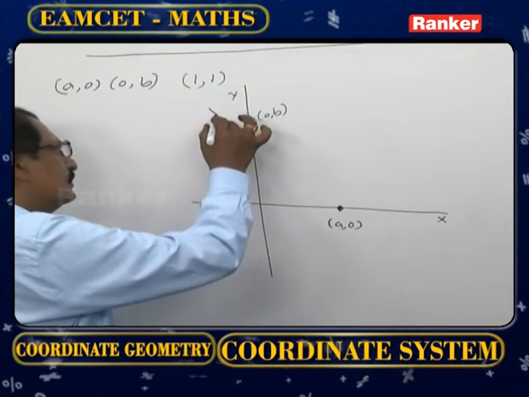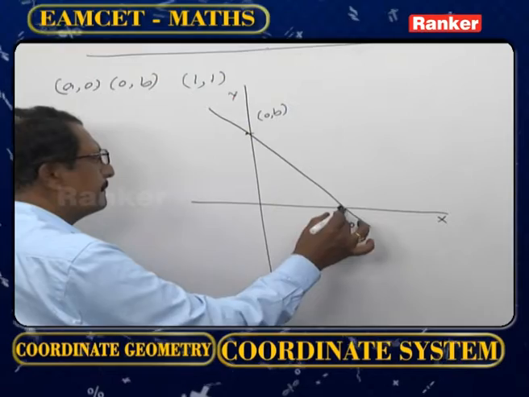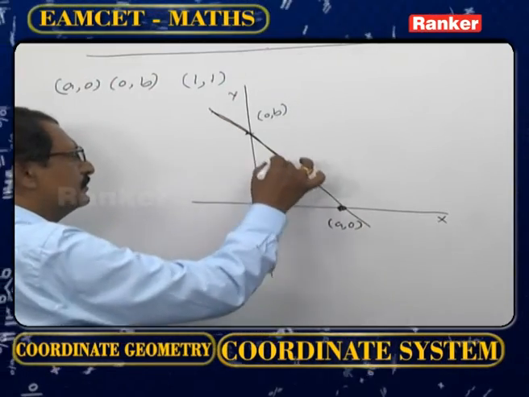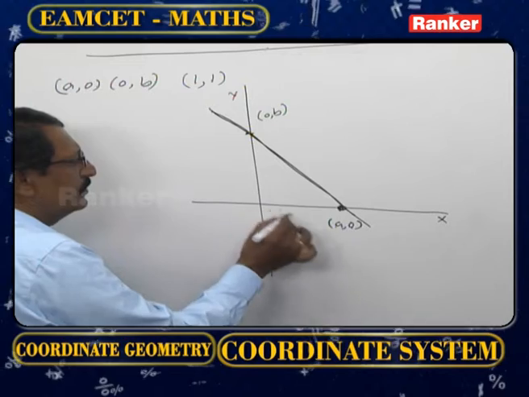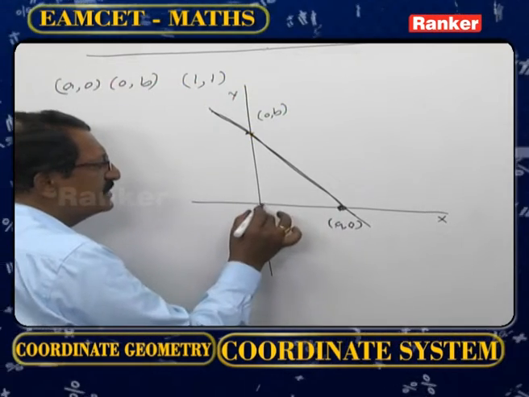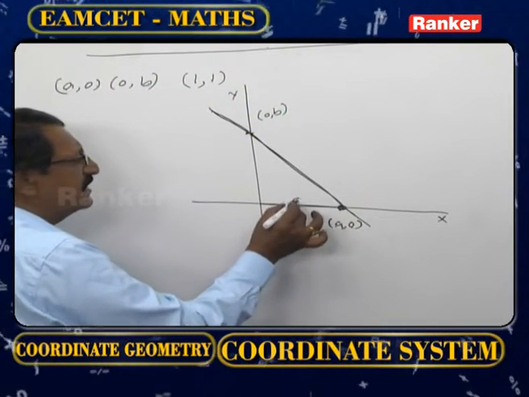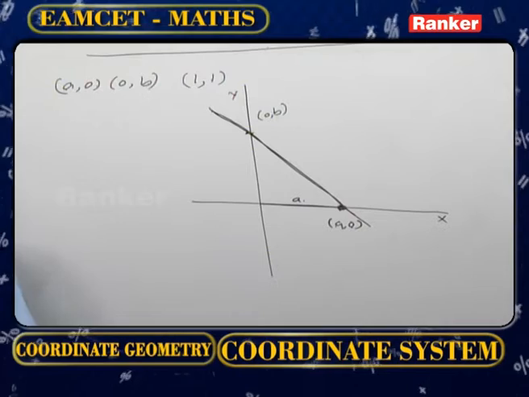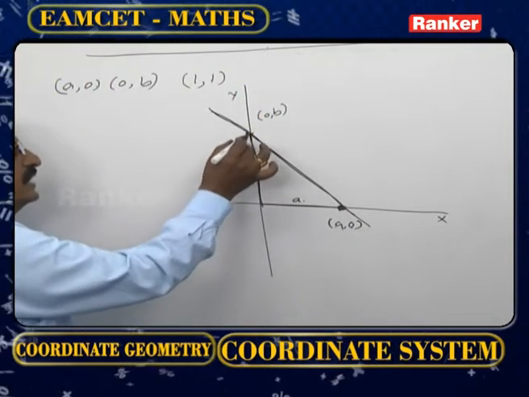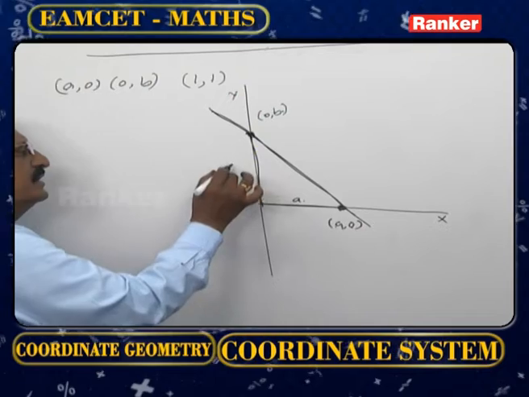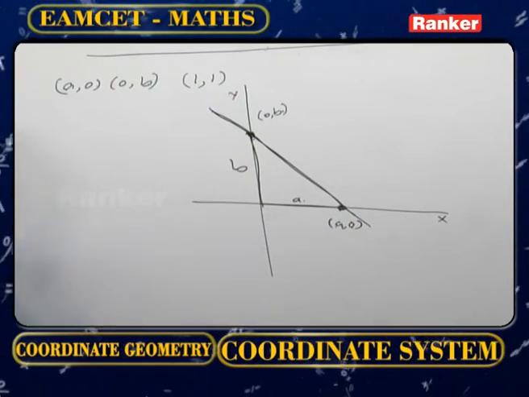Now, the straight line passing through A, 0 and 0, B. Passing through A, 0 means the x-intercept of the straight line is A units. Similarly, the line passing through 0, B has y-intercept B units.